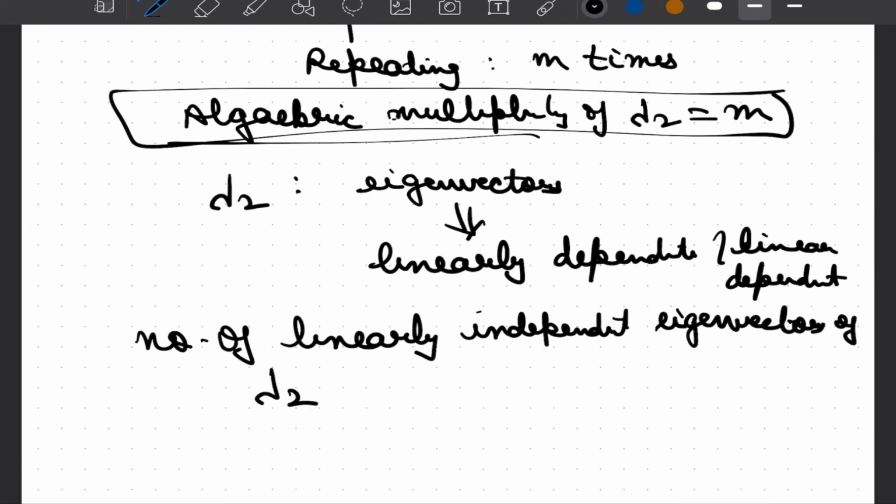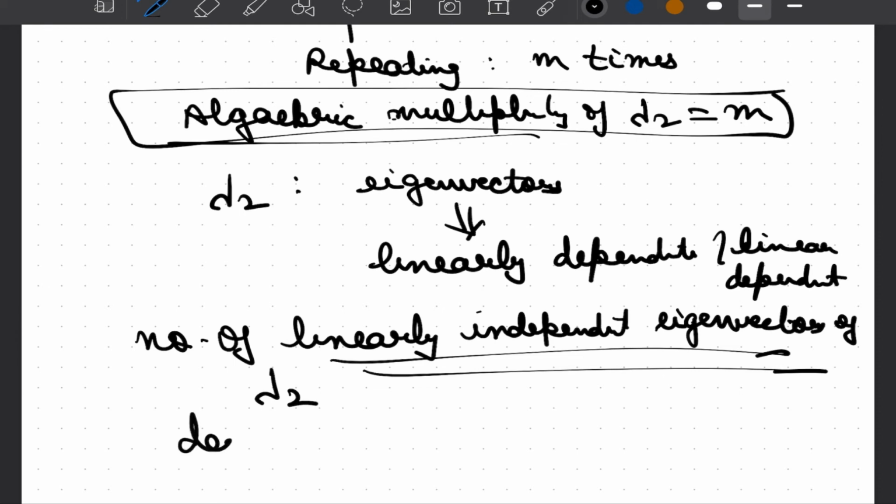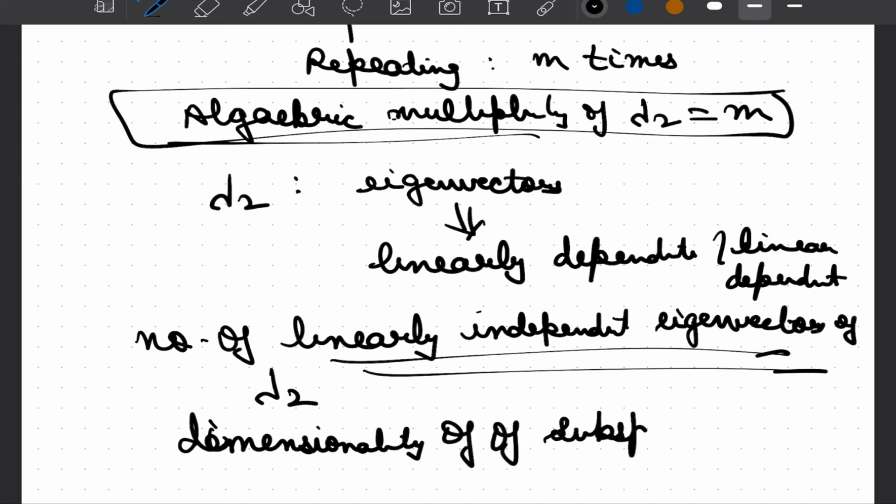Now, this linear independence of eigenvalues and eigenvectors also helps us determine the dimensionality of the subspace spanned by the eigenvectors associated with lambda 2 specifically that we are talking about.